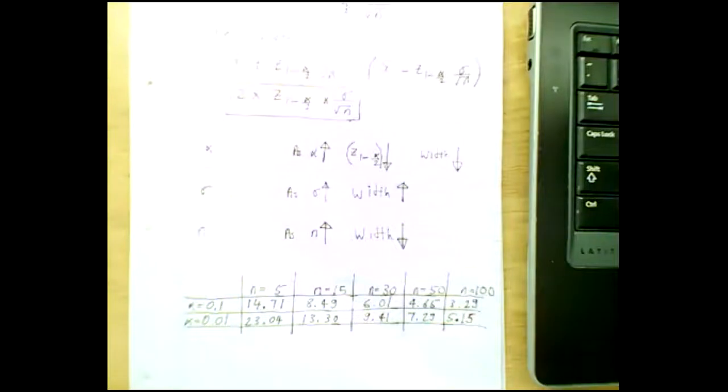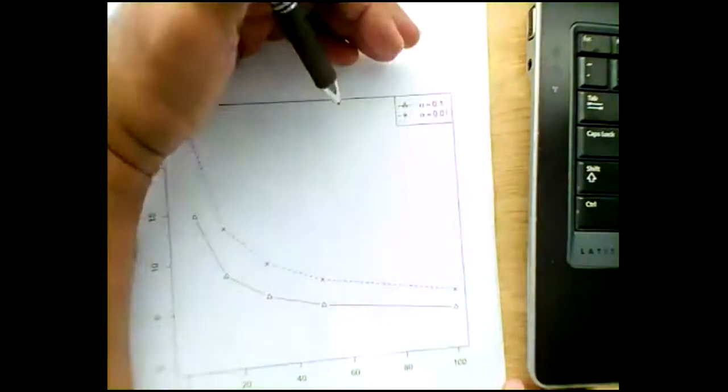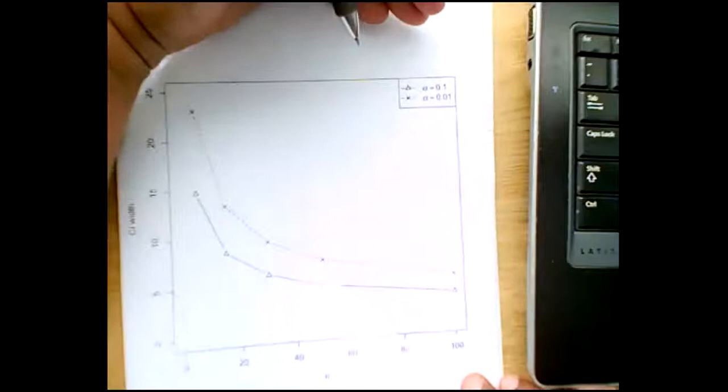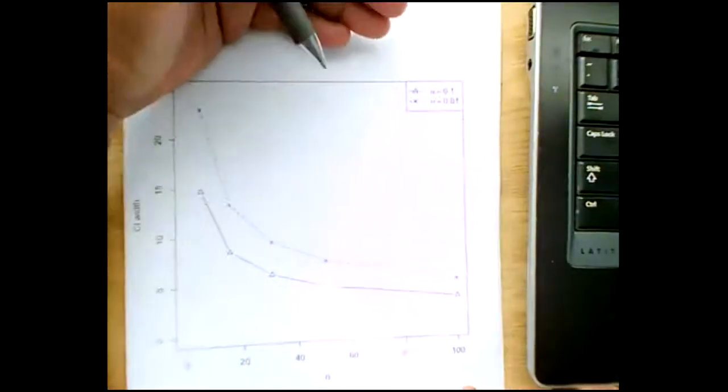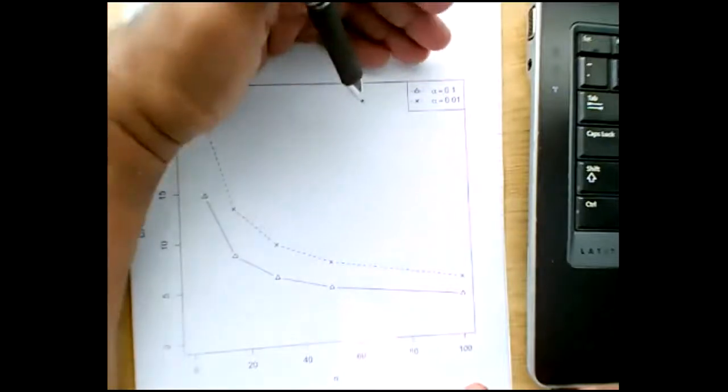Okay. The next thing you are asked to do is to plot, which I have already done. I don't know if you can see this. Maybe you can see it now, or maybe not. I'm sorry, because of the lighting, it's very difficult to see.